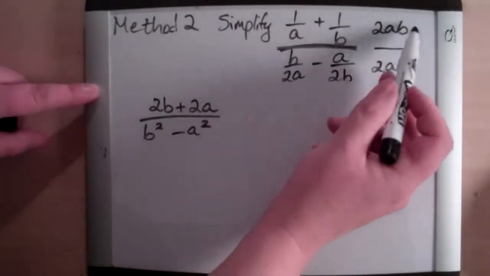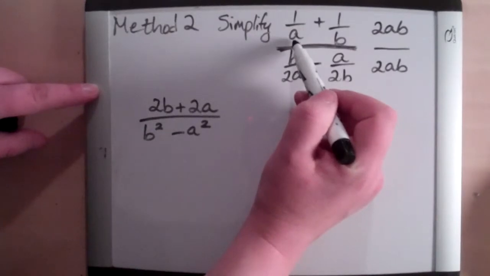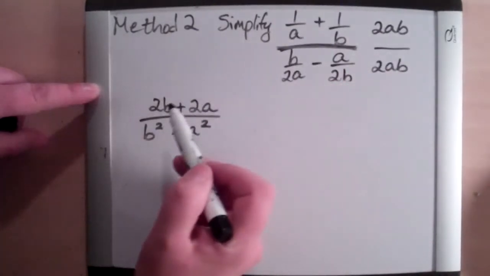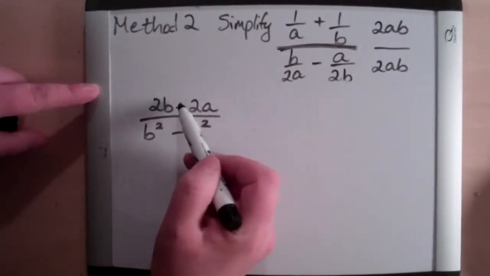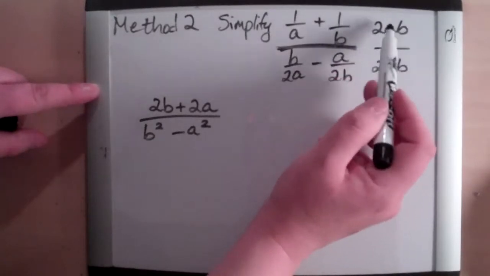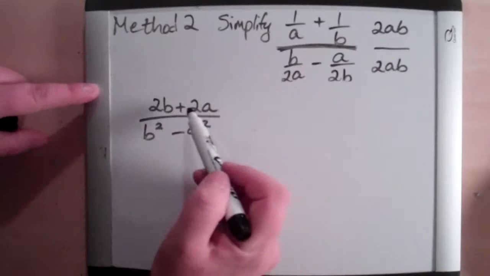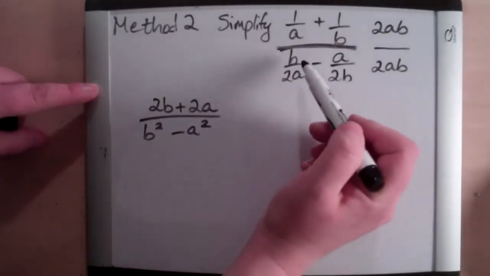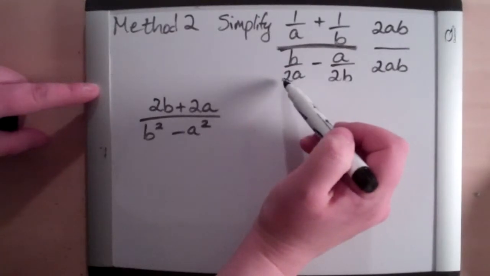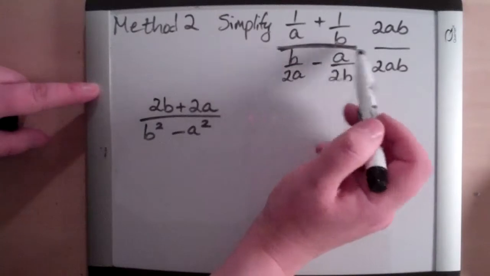Okay, because like I said, I took 2AB and multiplied it by 1 over A. That means the 2AB gets divided by A, and all that's left is 2B. Then I still have to add the second fraction, 2AB times 1 over B, which is going to cross out B and leave 2A. In the denominator, 2AB times B over 2A, the 2 and the A will disappear, the B will stay, and I'll get B squared.